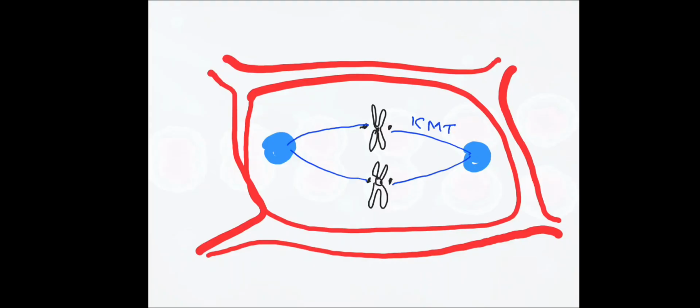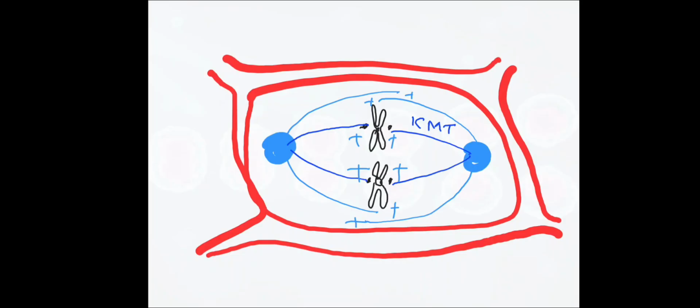The other one, which does not interact with chromosomes but overlaps with polar microtubule, is polar microtubule, or it is known as interpolar microtubule. The functions are the same as you saw in the animal cell.